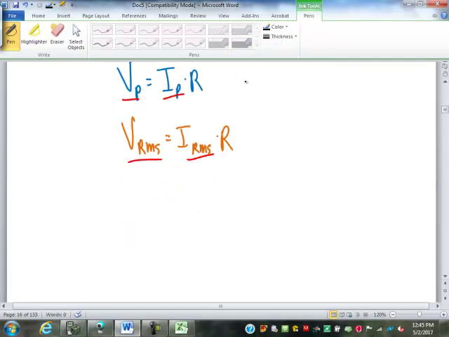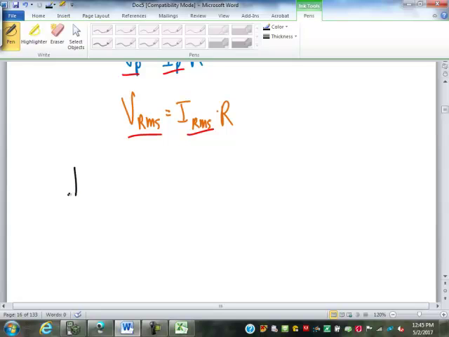So if I tell you that the RMS current is 1.4 amps in a circuit with a resistance of 400 ohms, find the peak voltage.